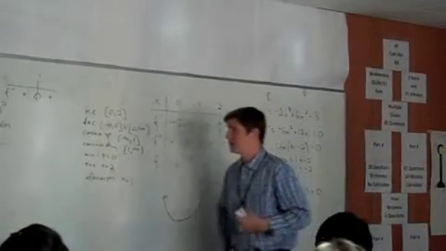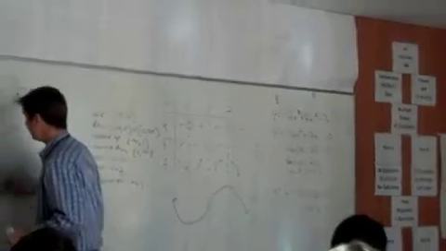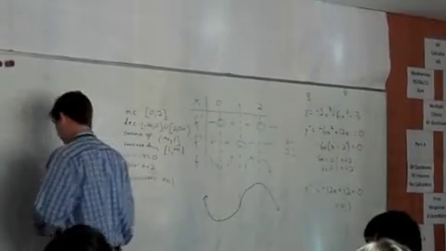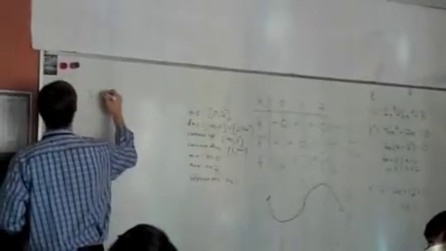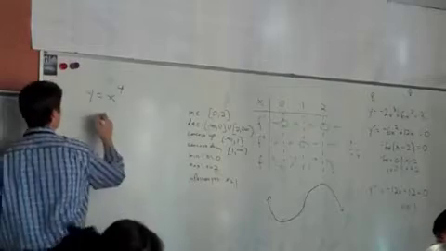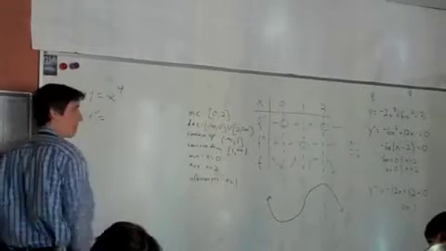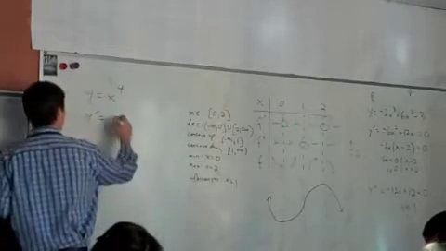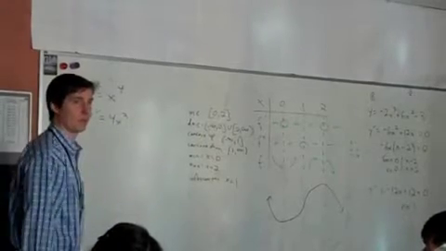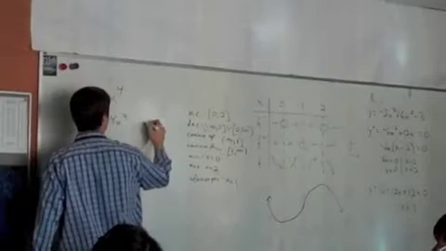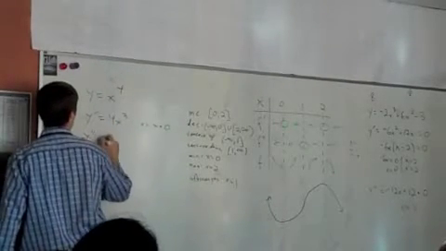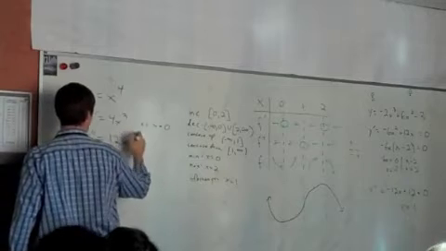Now, another interesting one. If you get something like y equals x to the 4, the first derivative equals 4x cubed. Critical point where? At x equals 0. Take the second derivative. I get 12x squared.